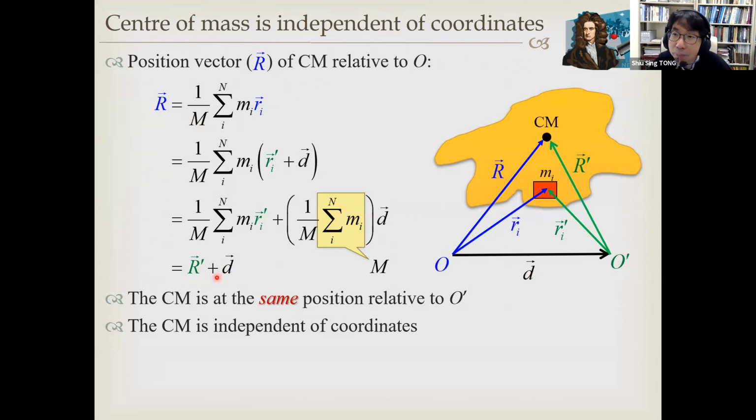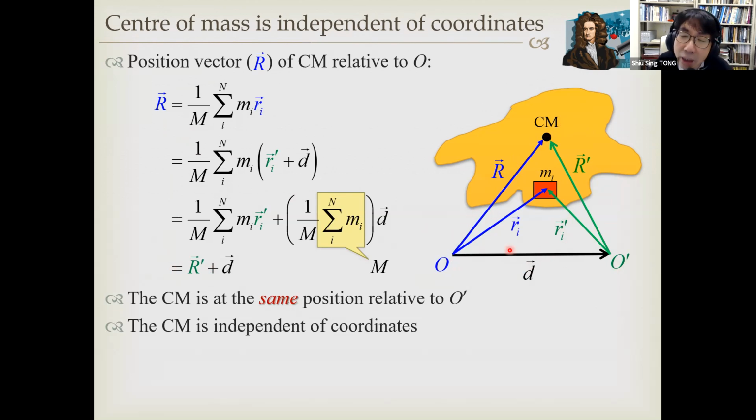So this equation means that both this vector R and this vector R prime, although they are from different origins, refer to the same position in the object. So they refer to the same center of mass position. This equation, R equal to R prime plus D, simply forms a triangle. So the two vectors actually refer to the same position of the center of mass.